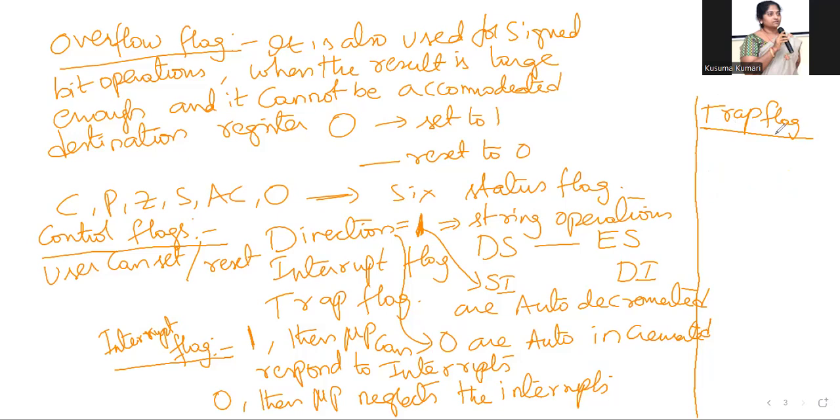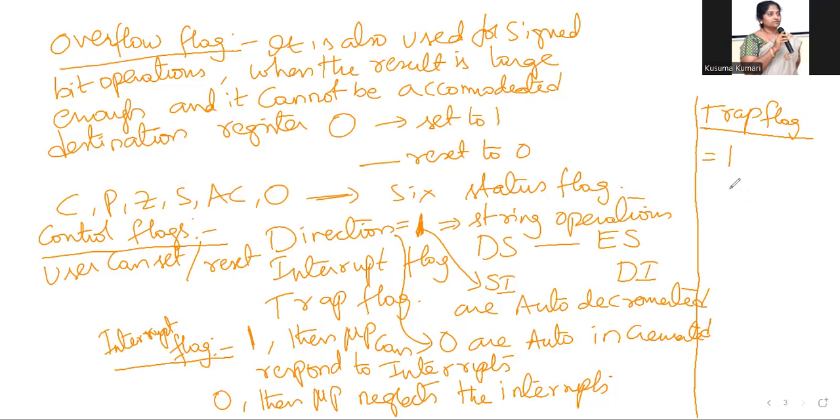Suppose the trap flag is equal to 1, then what happens? The microprocessor undergoes the single step execution process. What is meant by the single step execution process?